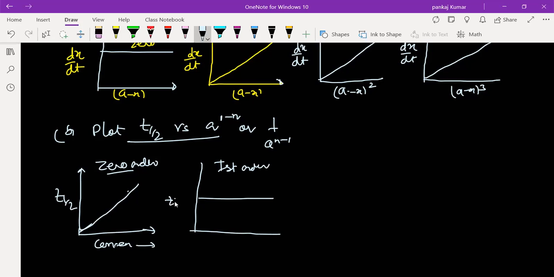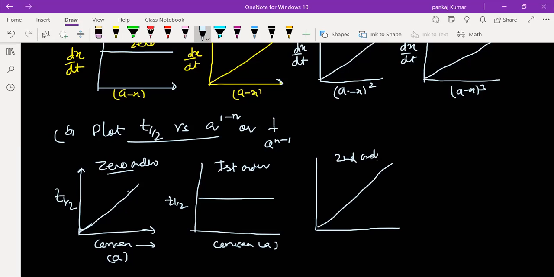This is T1 by 2, and this is the concentration, that is A only. These all are A concentration. Then for the second order, your graph will be T1 by 2 versus 1 by A.